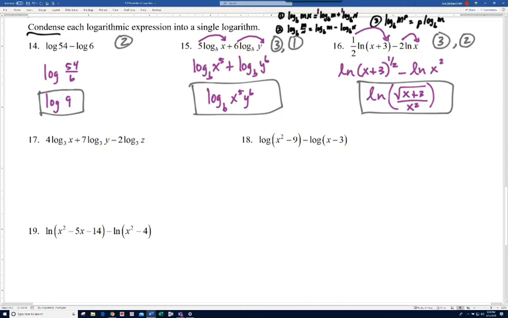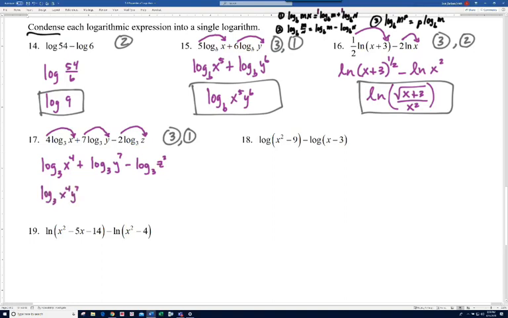So on number 17, we start the same way. We're going to move those numbers out front to be exponents. Now notice we have a sum of logs, and we're also going to have a subtraction of logs. And I'm just going to work my way from left to right. So we're going to go ahead and use the product rule, property 1.